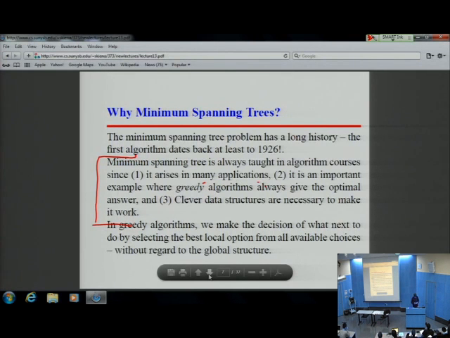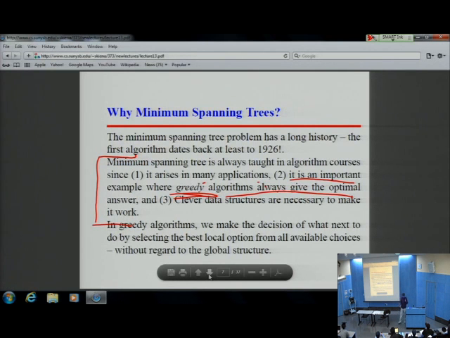A second reason is that it's an important example where what we call greedy algorithms always give you the optimal thing. I showed you that there are n factorial-ish spanning trees. There are n factorial-ish traveling salesman tours. You can't find a traveling salesman tour optimally by starting from one vertex and always walking to the nearest edge.